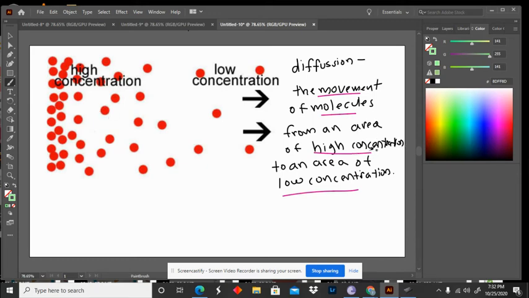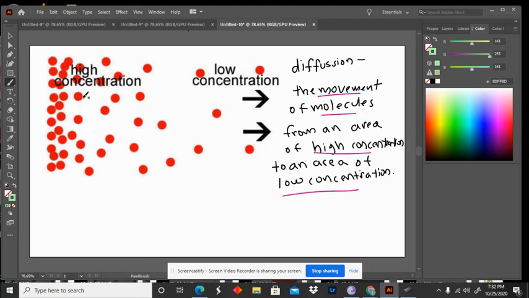An area of high concentration. Well, what does that mean? Concentration refers to how the molecules are bunched up, how together they are. If they are highly concentrated, that means that the molecules, in this case, are really close to each other. They're concentrated into one tight area.